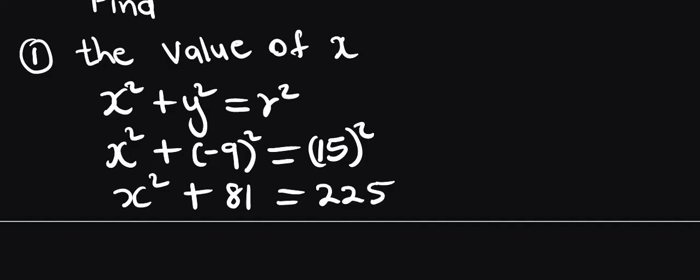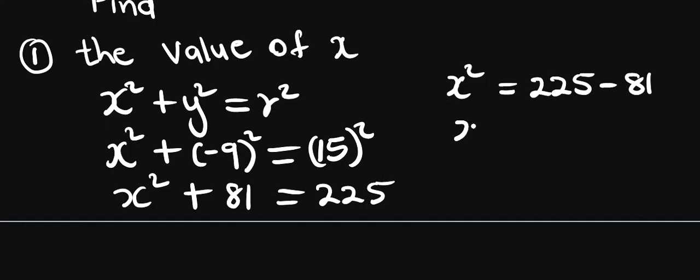Right, now we can transpose here. We will have x squared is equal to 225 minus 81. We will transpose this 81. Now x squared is equal to 225 minus 81, which is 144. Remember, we are looking for x, not for x squared.